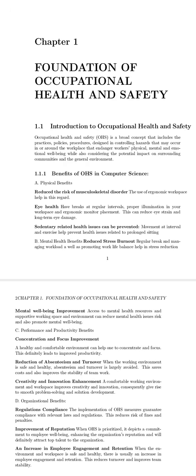So let's briefly look at the physical benefits of occupational health and safety in computer science. One of the physical health benefits of OHS in CS is to reduce the risk of musculoskeletal disorder.